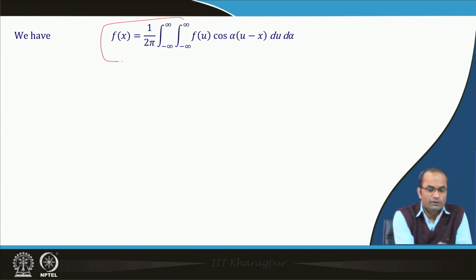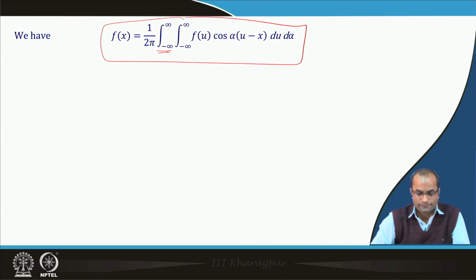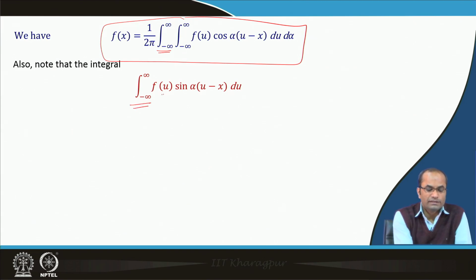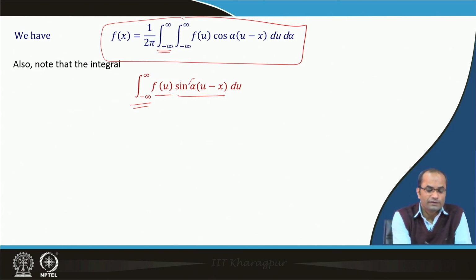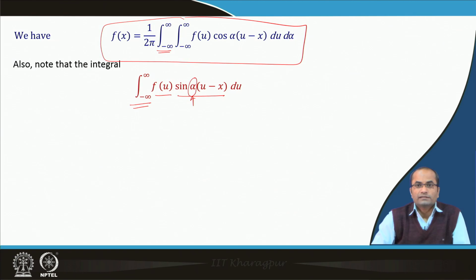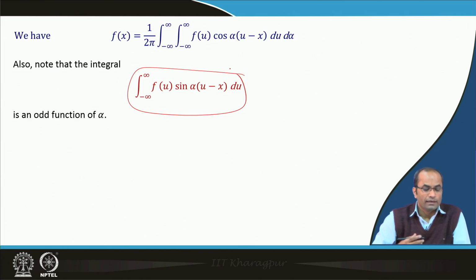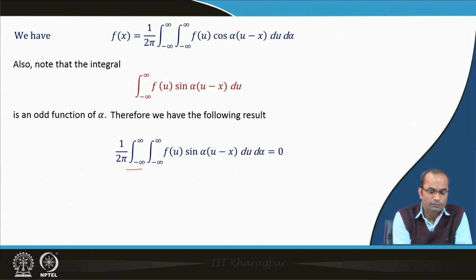So for f(x) we now have this representation where the outer integral goes from minus infinity to plus infinity. We should also notice this integral from minus infinity to plus infinity of f(u) sin alpha(u minus x) du, because now instead of cos we have taken sin, and alpha is sitting with sin, and sin is an odd function.